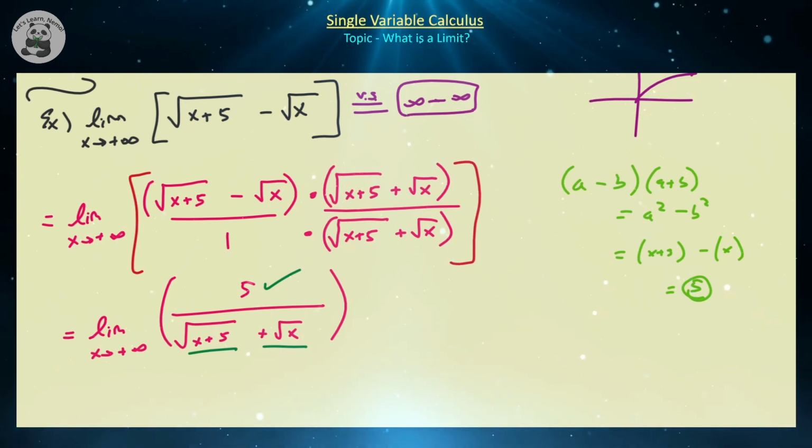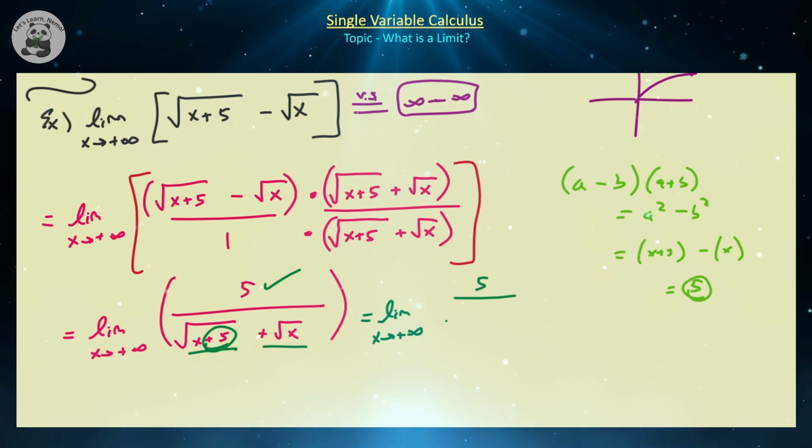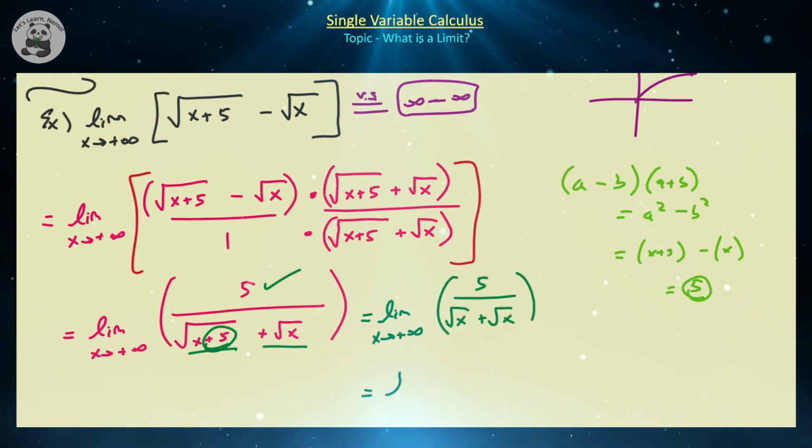In particular, we can say that this is practically equal to the limit, as x approaches positive infinity, of 5 divided by, because 5 is not significant, the square root of x plus the square root of x, which is just the same as the limit as x approaches positive infinity of 5 over 2 square root of x, right?